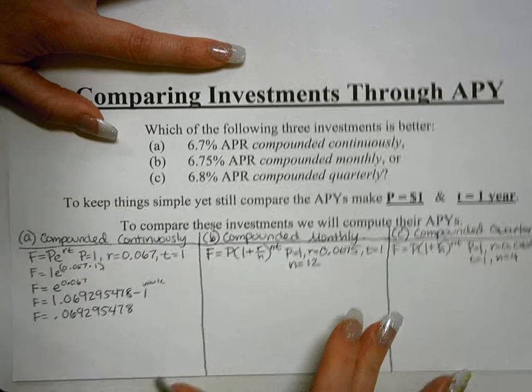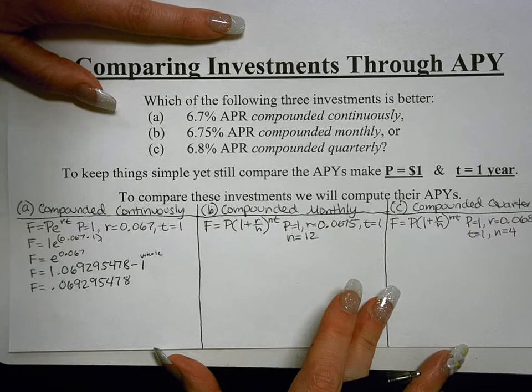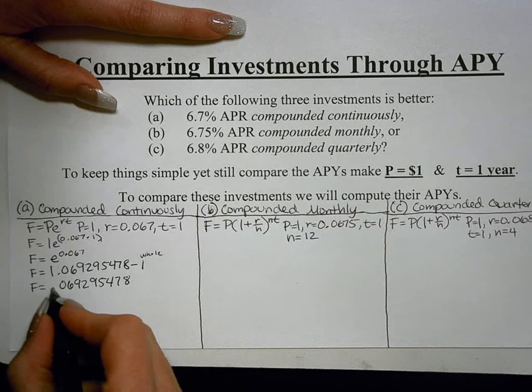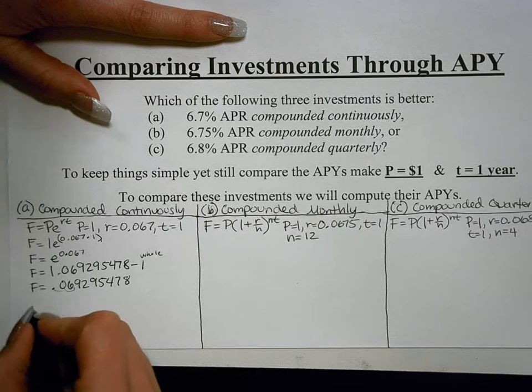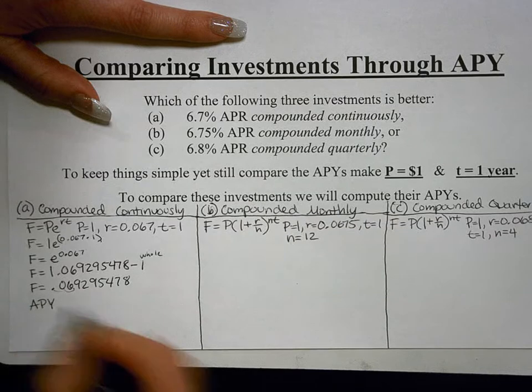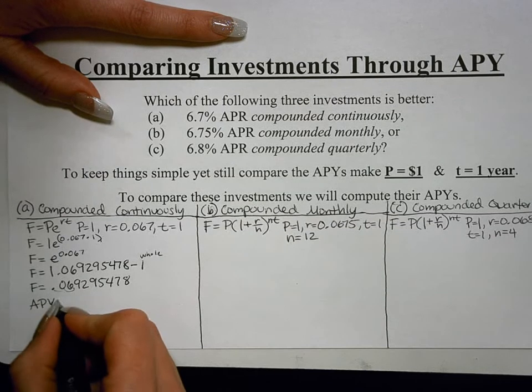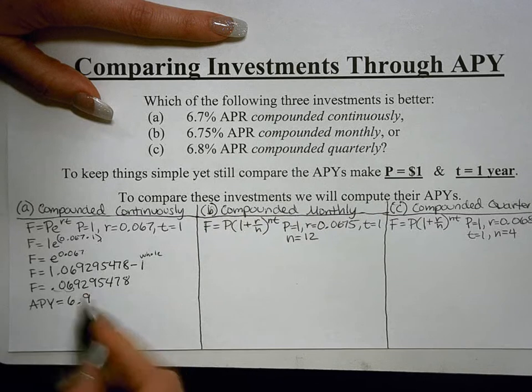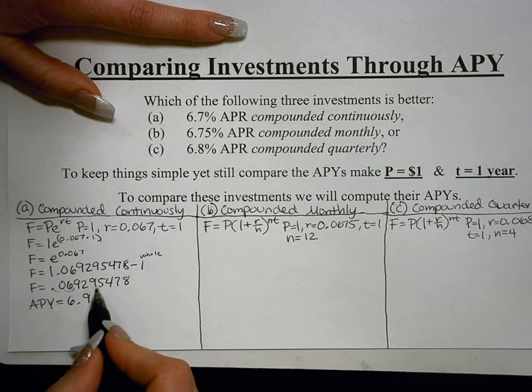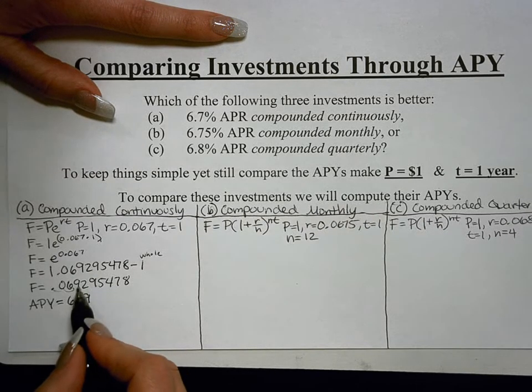The next thing that we will need to do is just take that decimal and convert it to a percentage. Move this decimal 2 places to the right, and we get our APY. Our APY is going to be 6.9, and I'm just going to round it, 6.929.